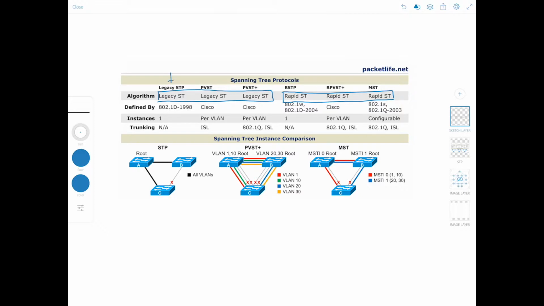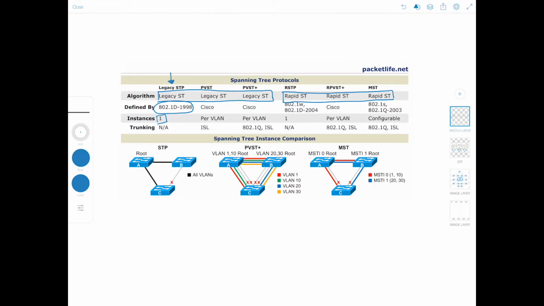So this one right here, this is the root of everything, or the mother of everything, defined in this standard, and it only supports one instance of the spanning tree topology.